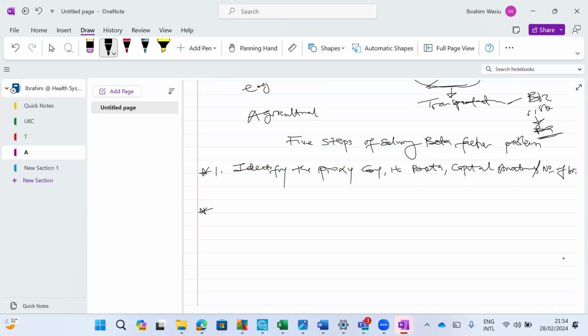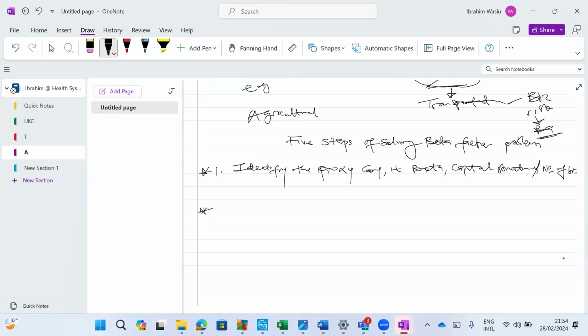And if that is okay by you, it means when I say business risk, I'm referring to beta assets, because beta asset is the one that measures only business risk, while beta equity measures both business and financial risk, and beta debt measures only financial risk. Are we good?